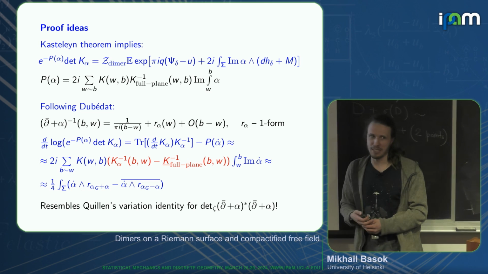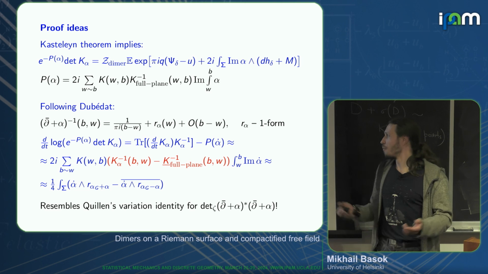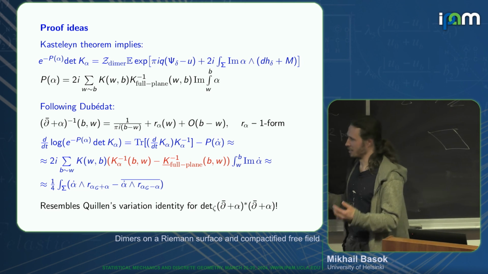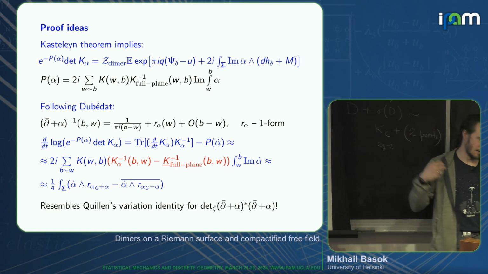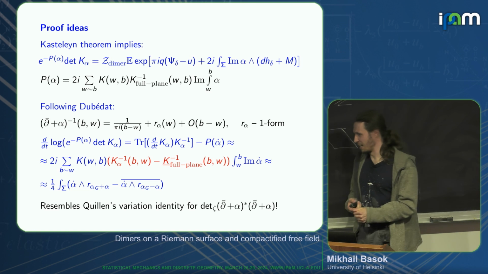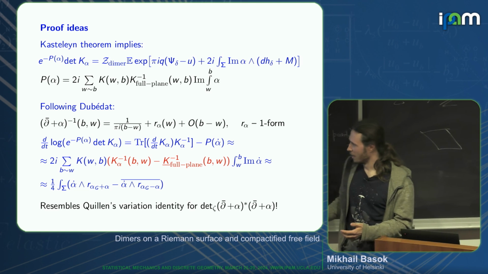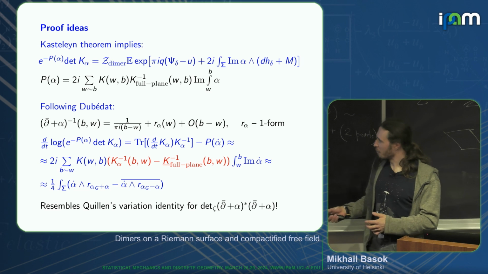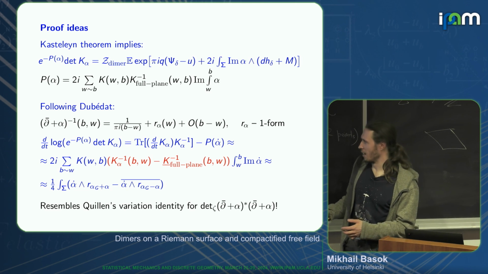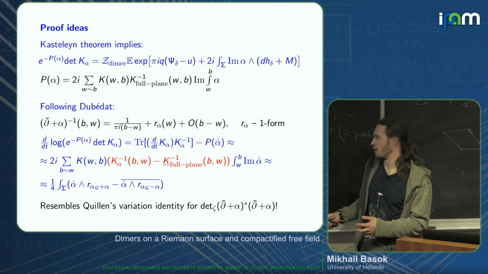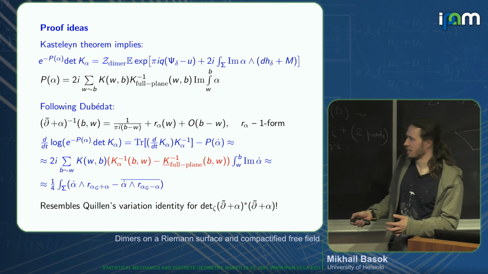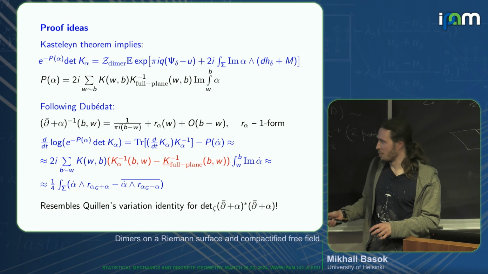And what I claim is that it resembles some computations made by Quillen a long time ago. There is this paper of Quillen where he defined the determinant of a family of Cauchy-Riemann operators, and along the way he needs to compute some curvature, so he studies the variation identities of the zeta-regularized determinant of the Laplacian associated with this Cauchy-Riemann operator, and he arrives at more or less the same identity.